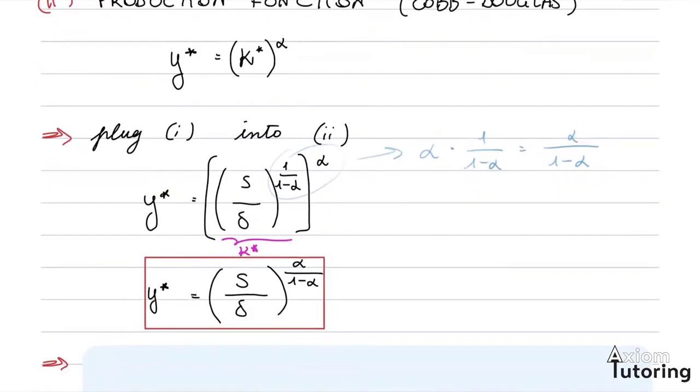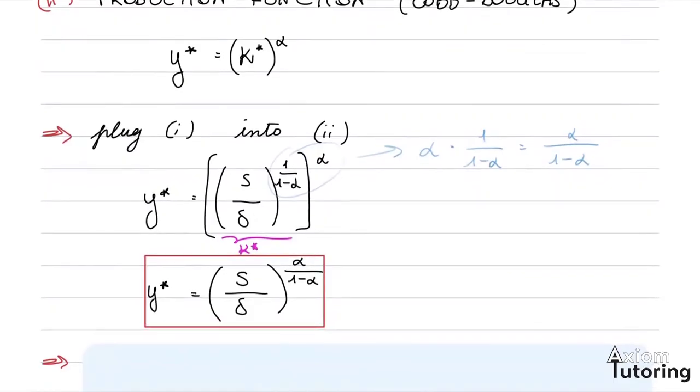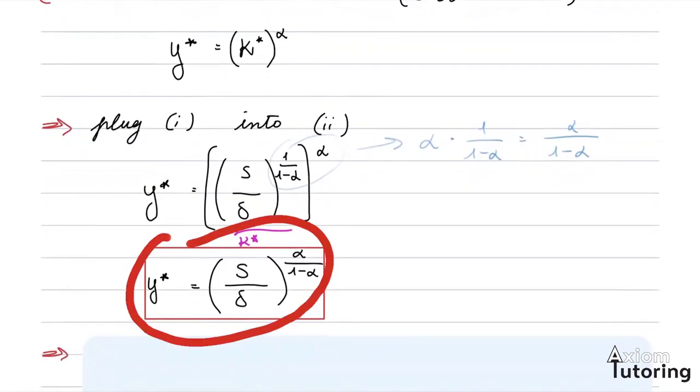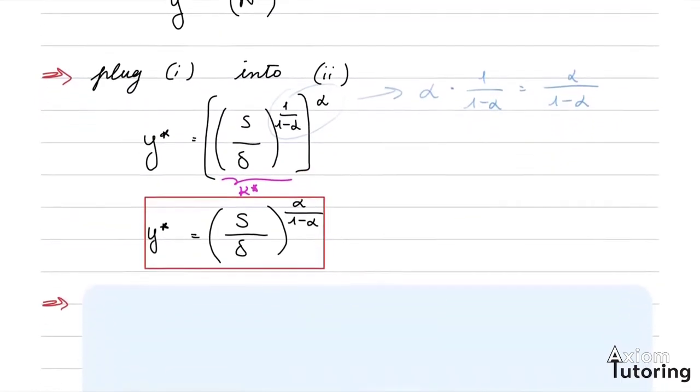This is how much output we are going to have when we are in the steady state of our economy. So this level of output is constant. It doesn't grow anymore because we know that in a steady state, variables don't grow.